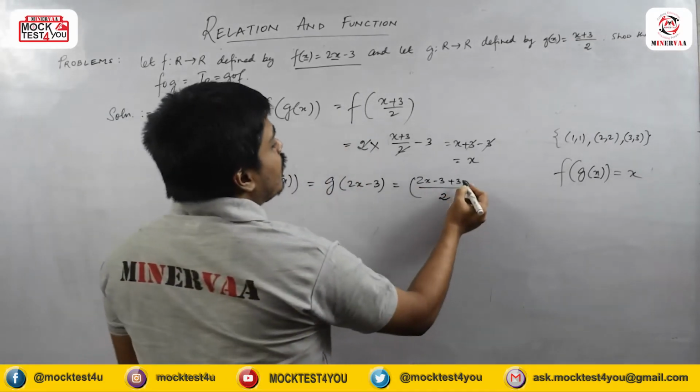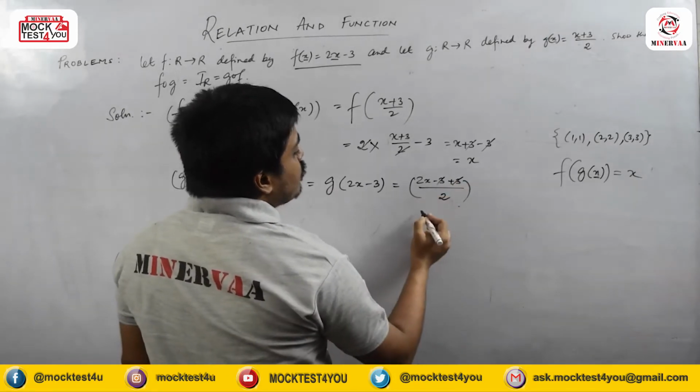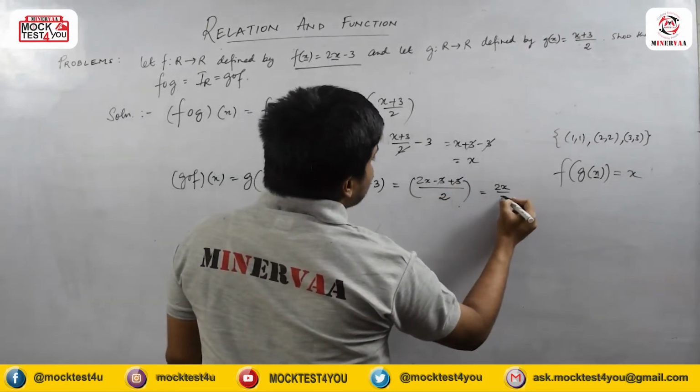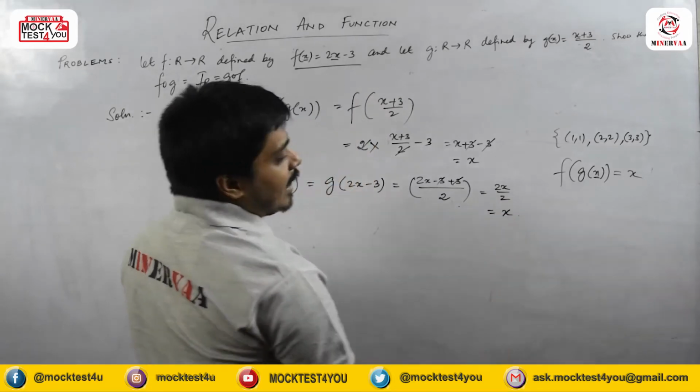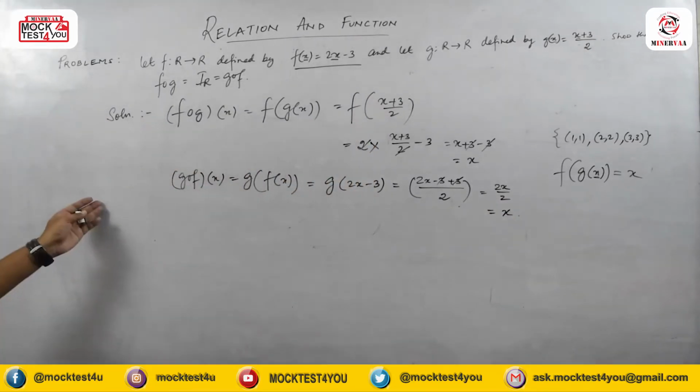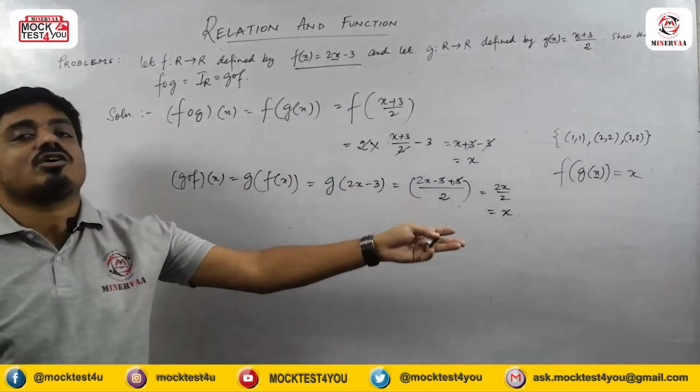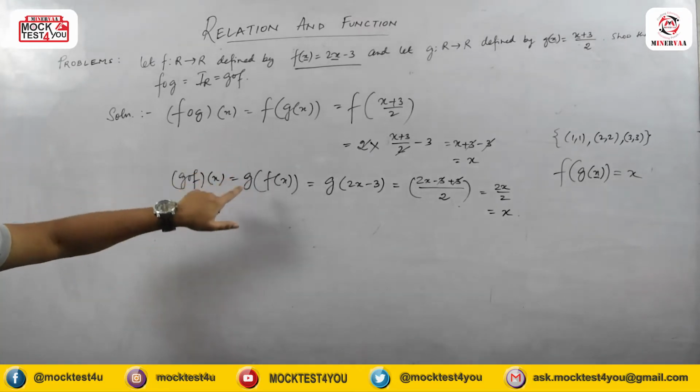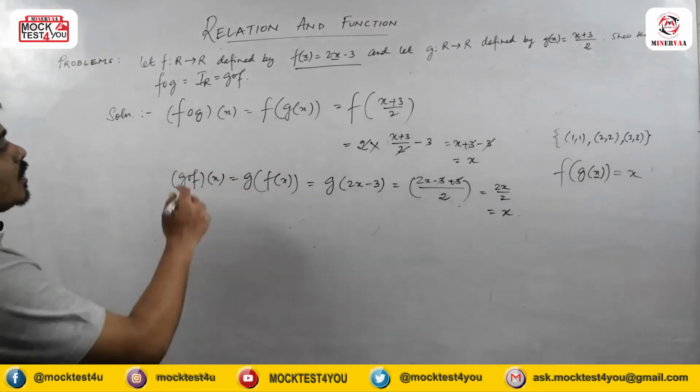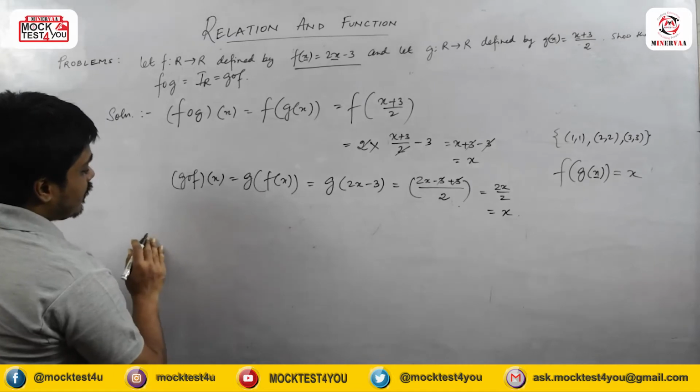Okay, now let us simplify. 3 and minus 3 go out. So I get 2x by 2. So I get x again. So what do we see? That again we are getting that g of f(x) is equal to x. So these two relations are IR. So we can write this one.